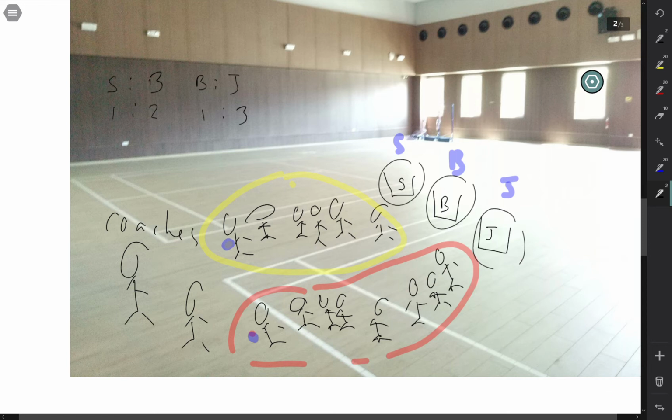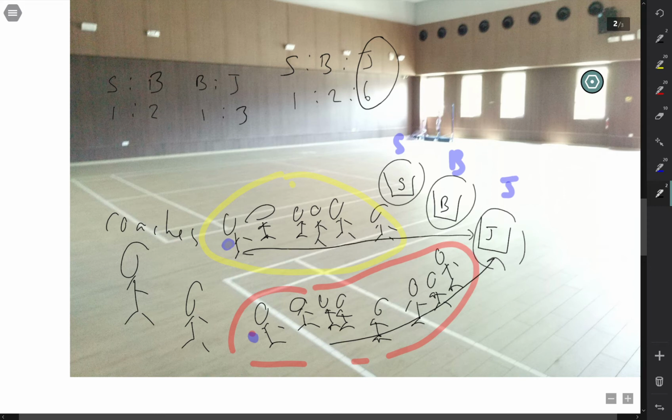In this particular scenario, the ratio of Sally to Betty to Jane is actually 1:2:6. So Jane has the most in this case, so the ball has to be rolled into Jane. Likewise, this group will have to roll the ball into Jane.